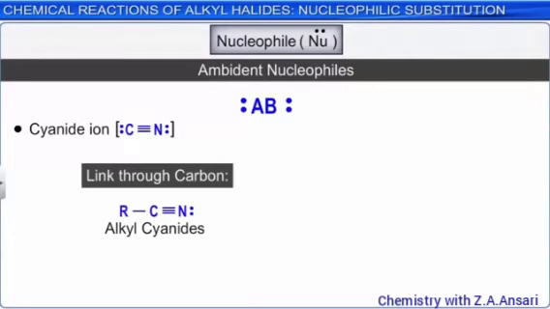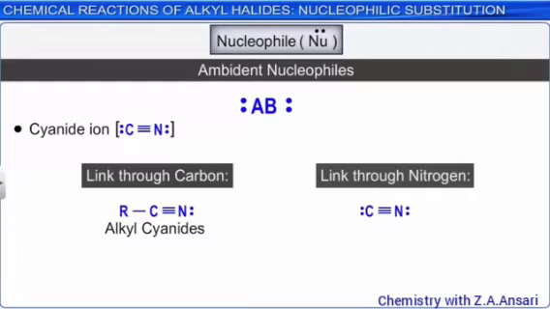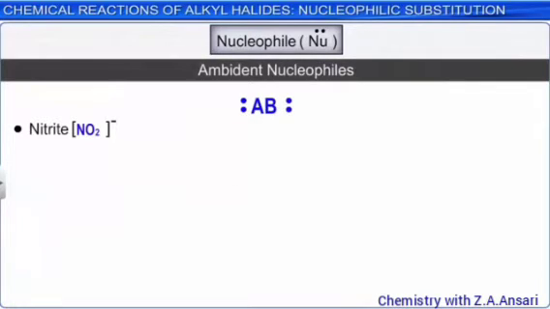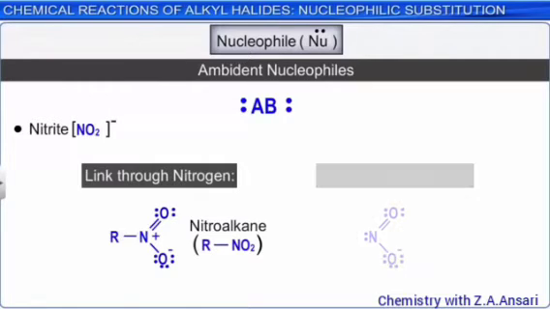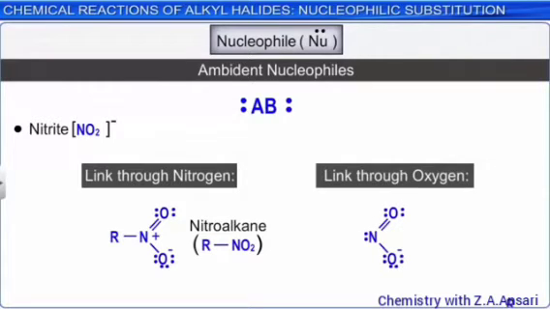If the cyanide ion links through the nitrogen, alkyl isocyanides will form. The nitrite ion is another example of an ambident nucleophile. If it links through the nitrogen, a nitroalkane will form. It can also link through the oxygen to make alkyl nitrites.